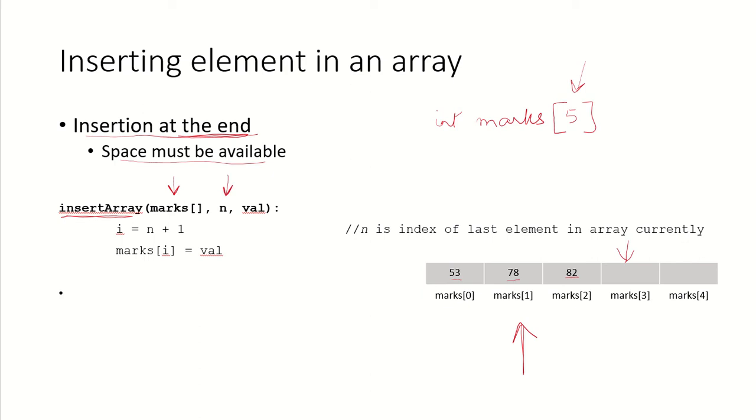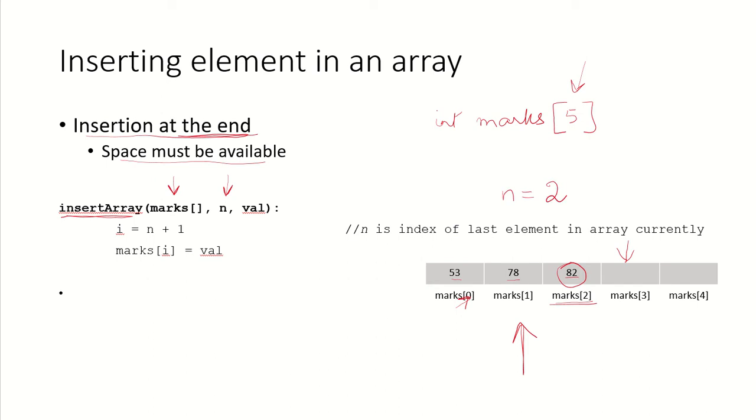This n is giving the index of the last element. Like here the last element is 82, which is at the second index. The indexes are starting from 0. So n is over here, in this case it is equal to 2. So what would be the next empty space?